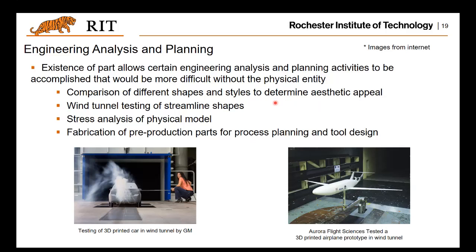Also, some stress analysis you want to conduct on physical models. Like the one showing here, again, it's a wind tunnel test for the aircraft, right? So you want to have a physical object ready to conduct such analysis. On the other hand, you don't have to use 3D printing to prototype it. You can use the conventional method, but 3D printing can satisfy your need.